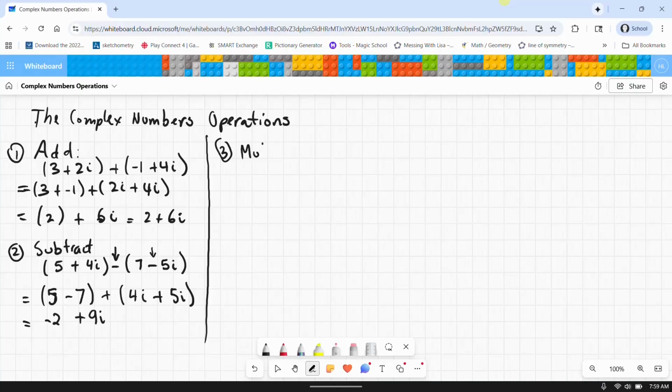So how do we multiply complex numbers? Let's start with 6 minus 7i multiplied with 2 plus 4i.